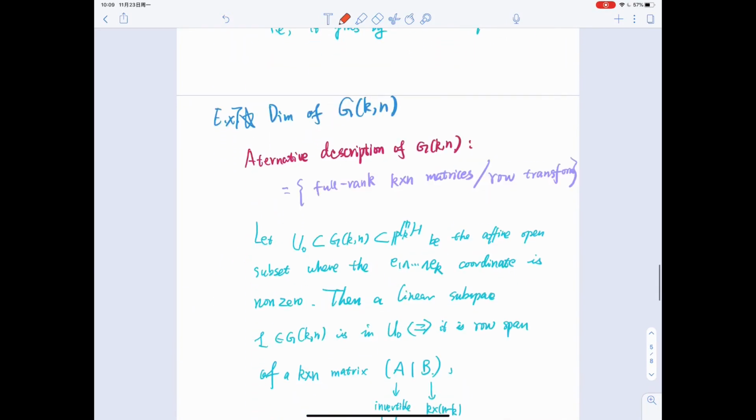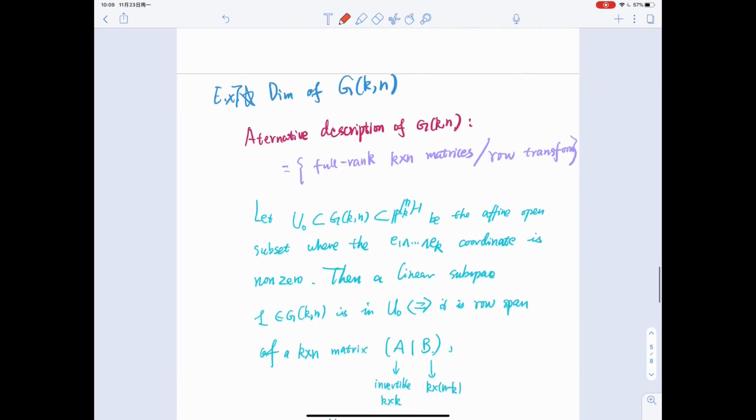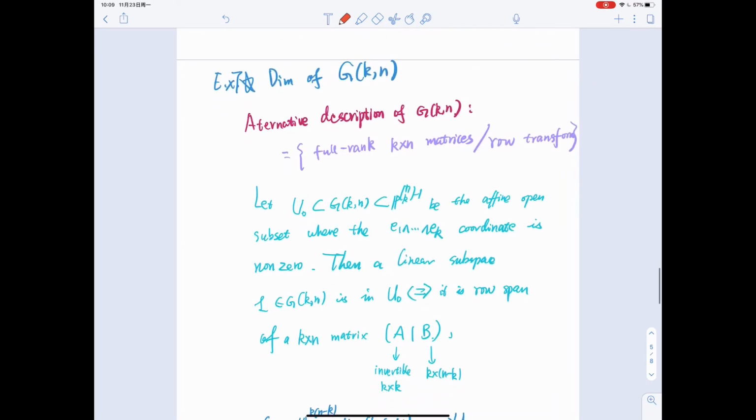Then we give an example to compute the dimension of G(k,n). We use the construction of an affine open cover of the Grassmannian, and so we first show an alternative description of the Grassmannian. That is, the Grassmannian is the space of all full rank k times n matrices modulo row transformation.